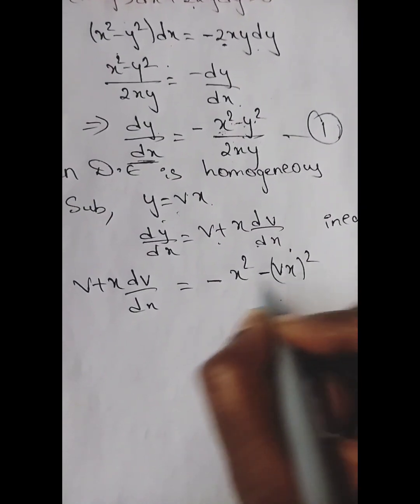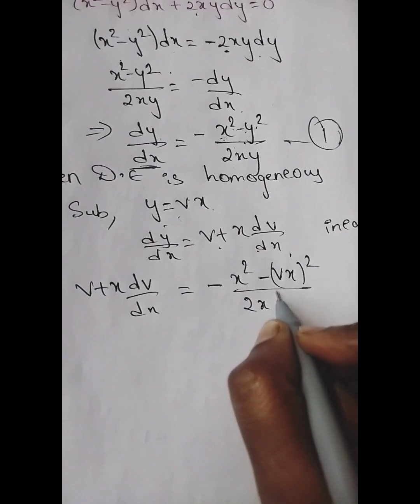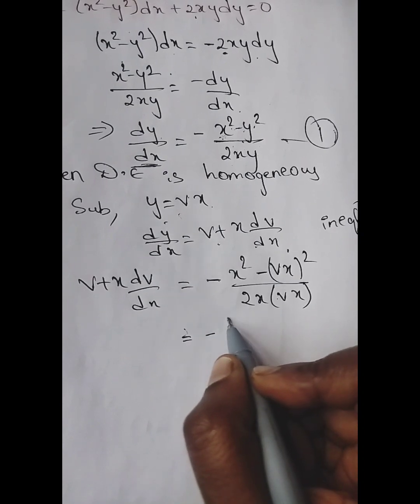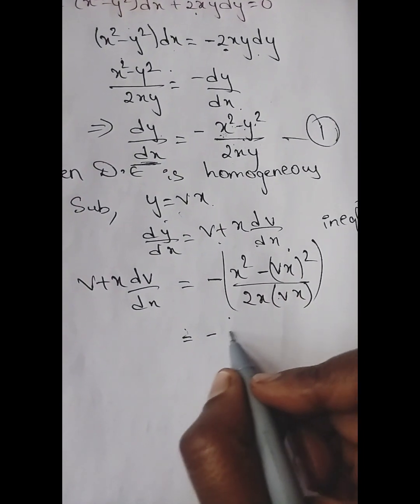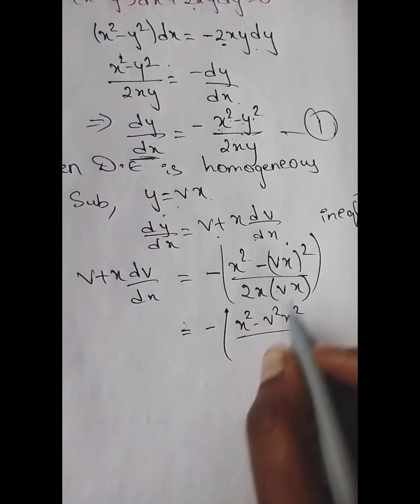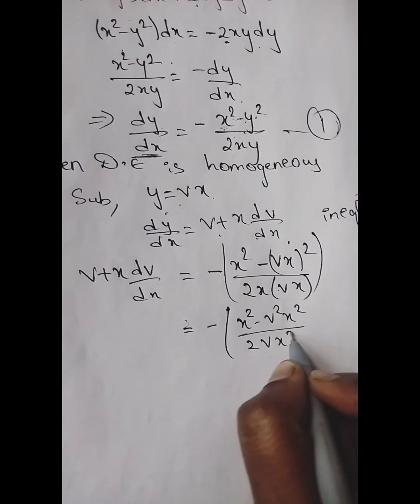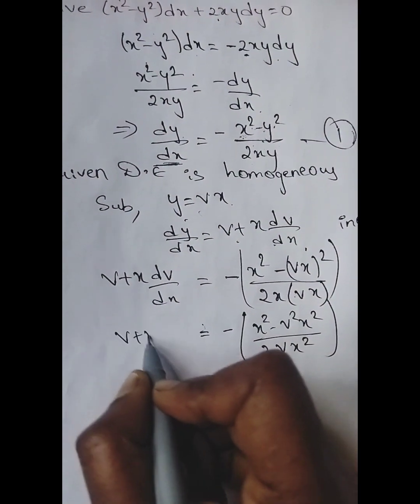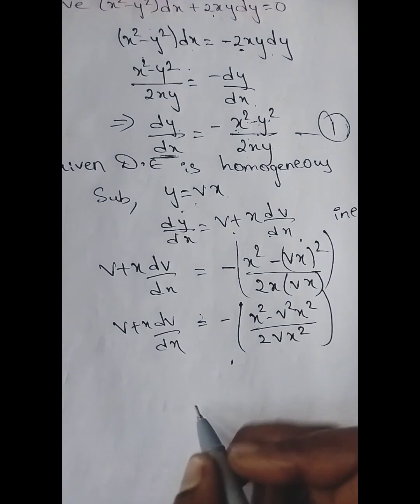So (vx) whole square divided by 2x into vx. Next, minus of, I will put a bracket here, x square minus v square x square by 2v x square, x into x is x square. On the left hand side as usual v plus x into dv by dx.